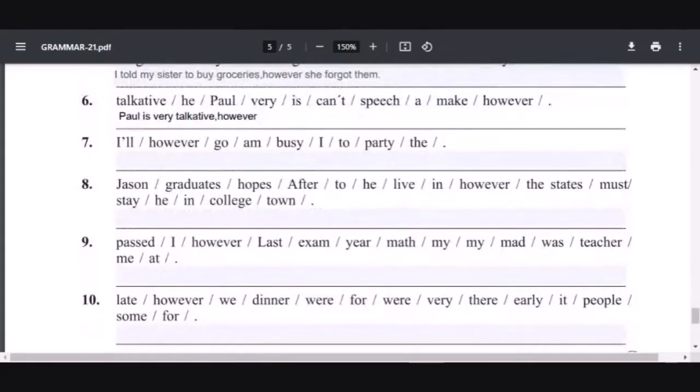Paul is very talkative. However, he, right? He can't, or he cannot. He can make a speech. Yes, it's like discourse. Speech o diálogo. Como diálogo, discourse. Okay. Paul is very talkative. However, he can make a speech.